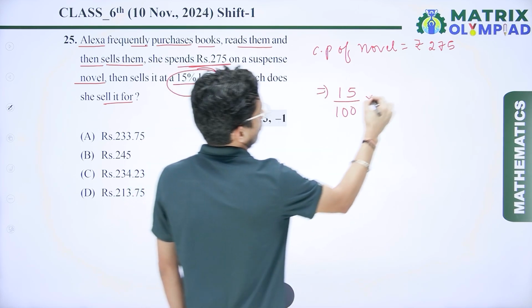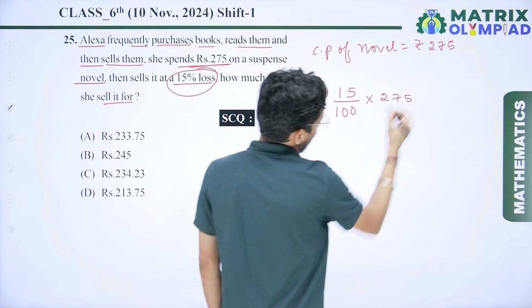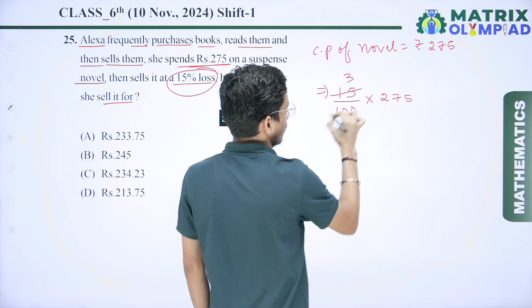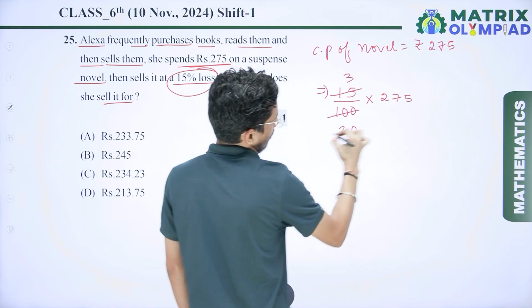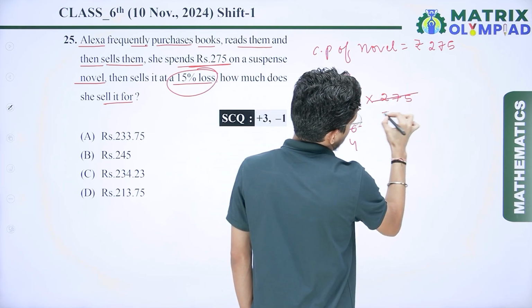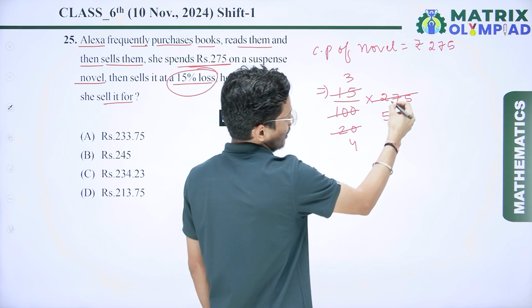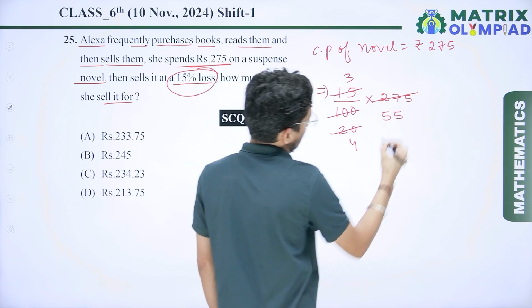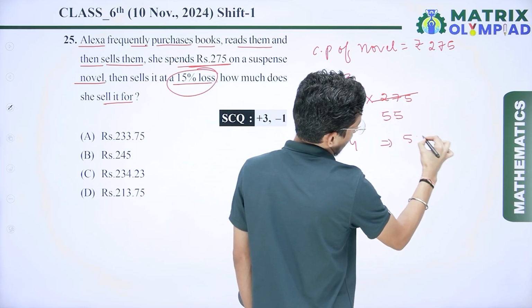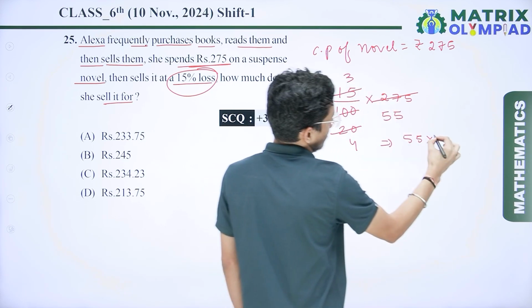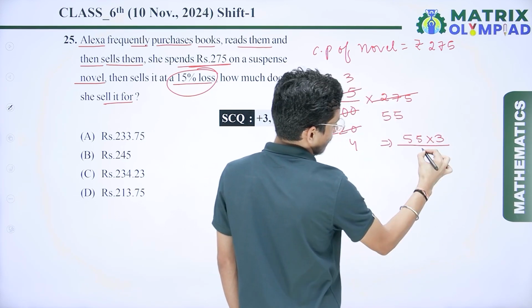multiply by 275. So simply if I solve here, 5 3 ja 15, 5 2 ja 10 and 20, 5 4 ja 20, 5 5 ja 25, carry 2, remaining 2 and 5 here, so 5 5 ja 25. So simply, I can say that 55 multiply by 3 divided by 4.